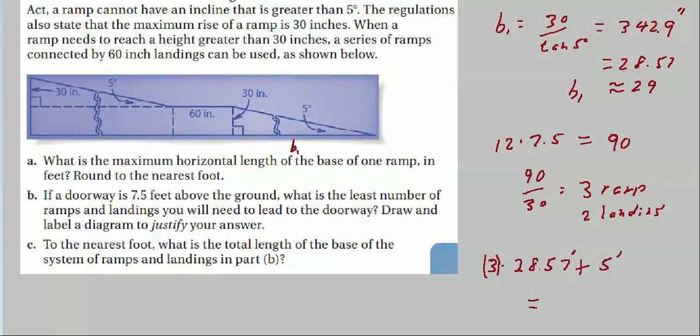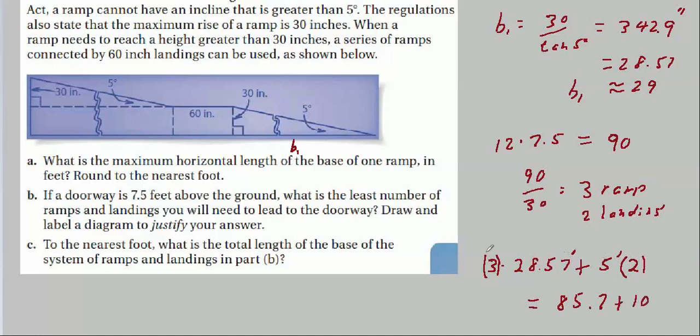And before I go any farther, let me point out that there's a mistake down here. Yes, it is 5 feet, but there are 2 landings, not just 1. So this has to get multiplied by 2. Now, oops, I lost it. What's 3 times 28.57? Let's say roughly 85.7, and 2 times 5, of course, is 10.